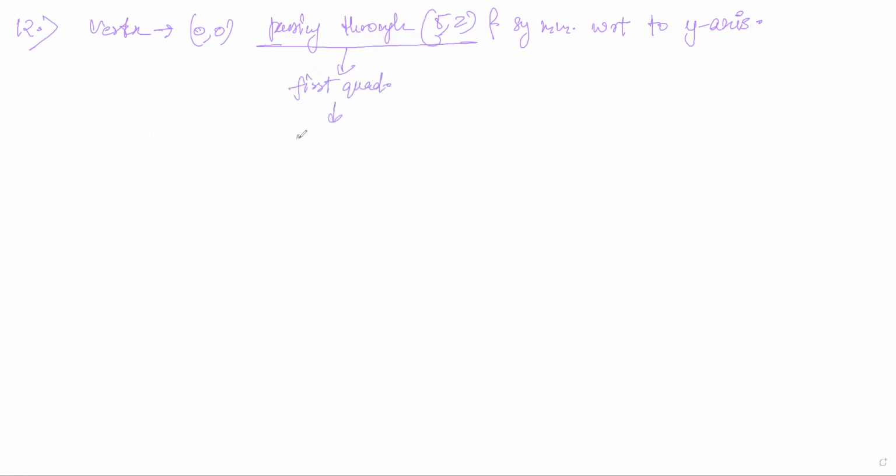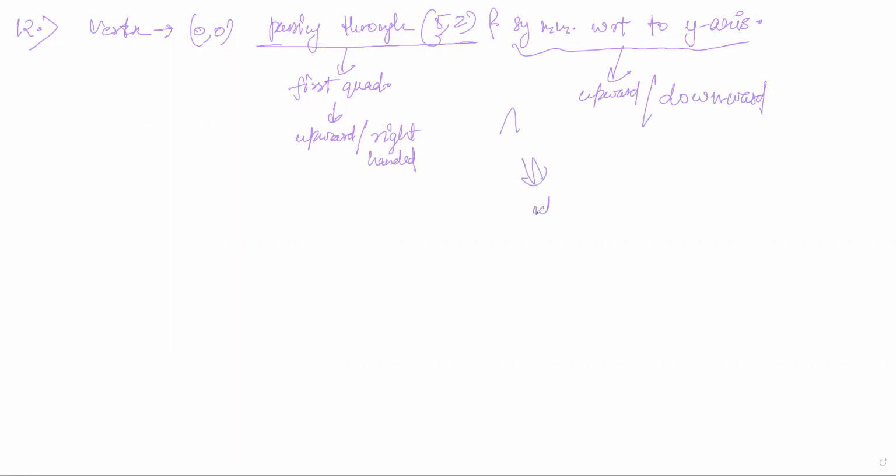Upward, right? Passing through 5,2, that is the first quadrant, hence upward or right-handed. And symmetric with respect to the y-axis, so that is upward or downward. Hence the parabola should be upward.